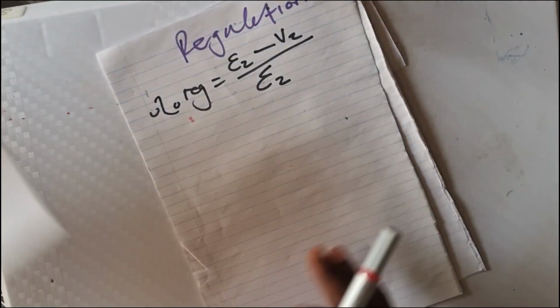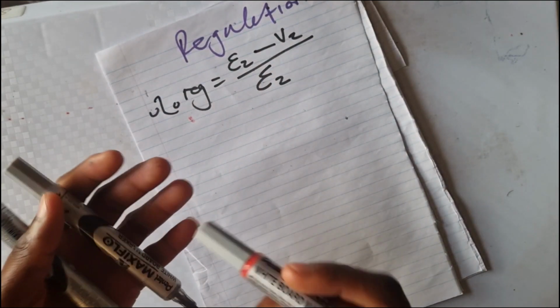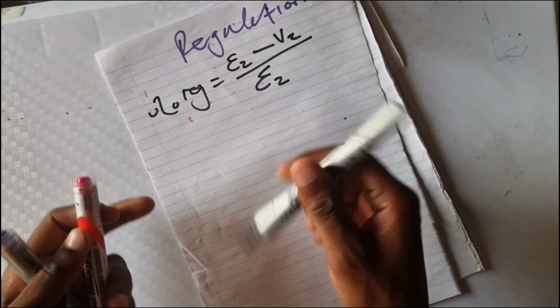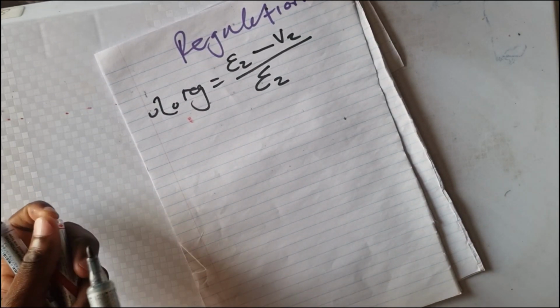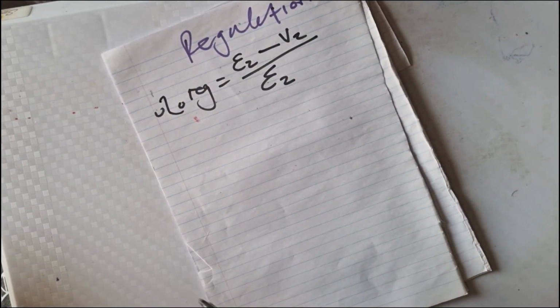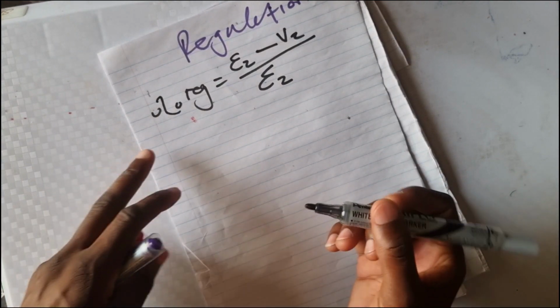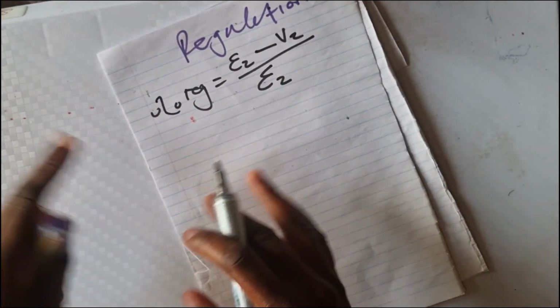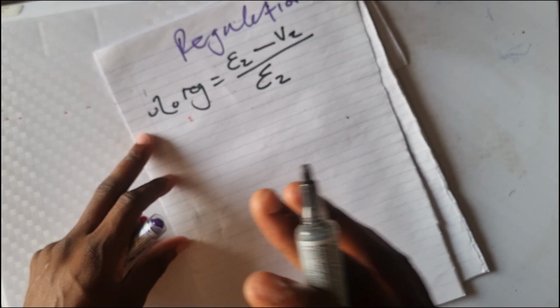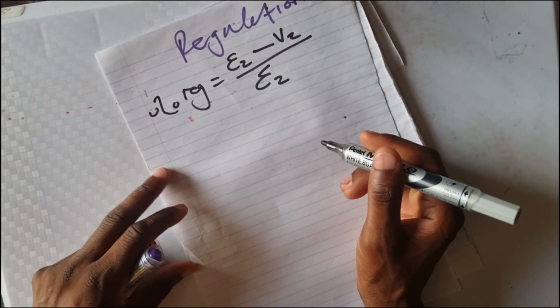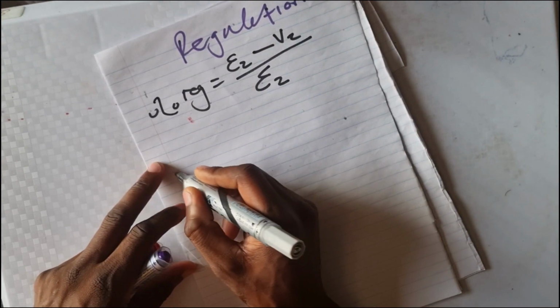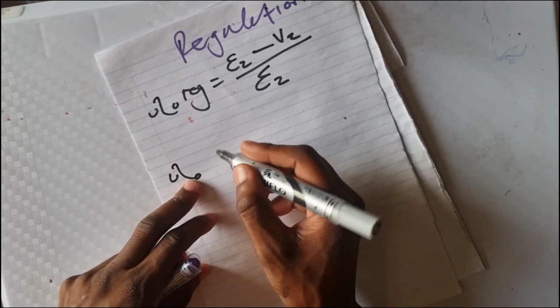So now we have to calculate the regulation using this formula. But our engineers also did some calculations, and I'm not going to derive those formulas, but we can also use formulas like this.